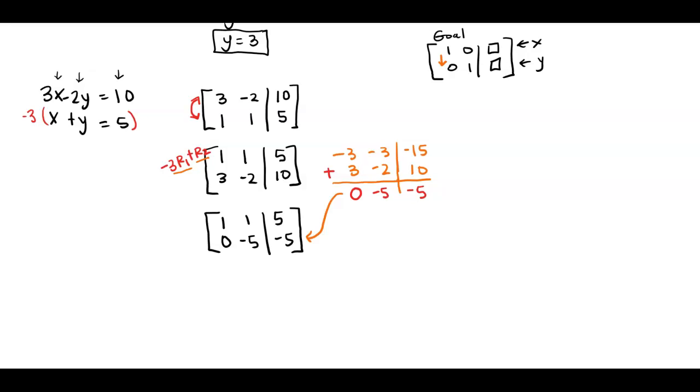All right, so after we found the 0 in the bottom left-hand corner, now we're going to go over and we're going to get this bottom right-hand corner made into a 1, right? So the easiest way to make 1s is by multiplying by the reciprocal of that number, right?